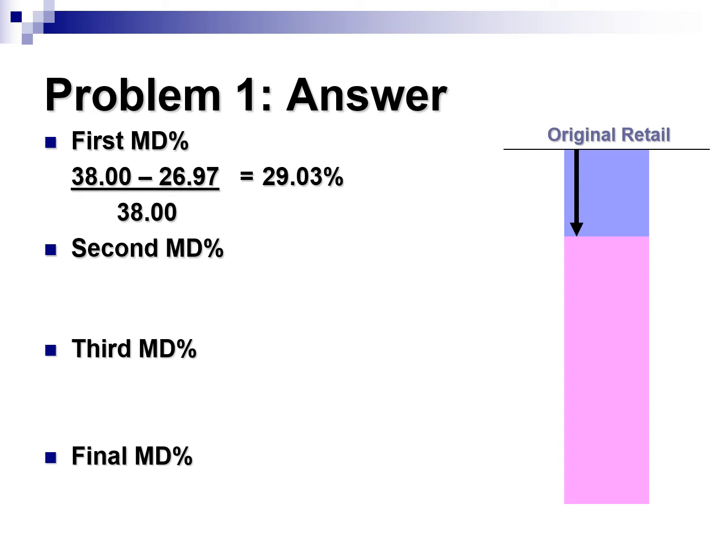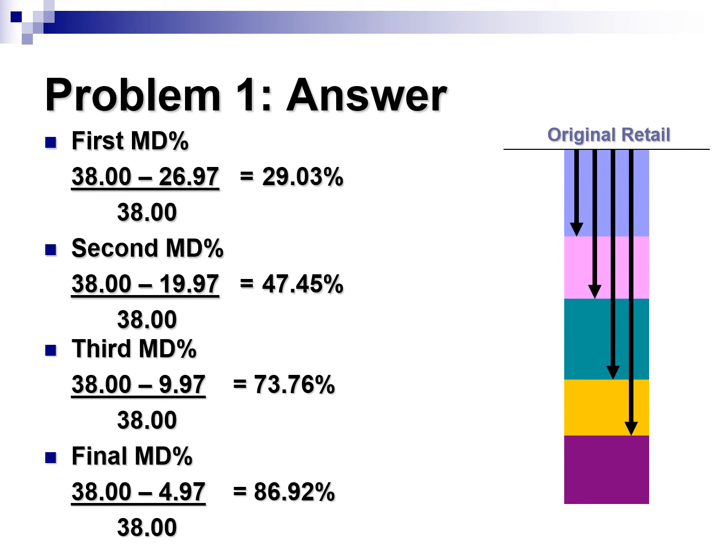The second, third, and final markdown calculations will be done exactly the same way. For all of them, the previous retail should be the original price, $38. For the second one, it's 38 minus the second lower price, $19.97.